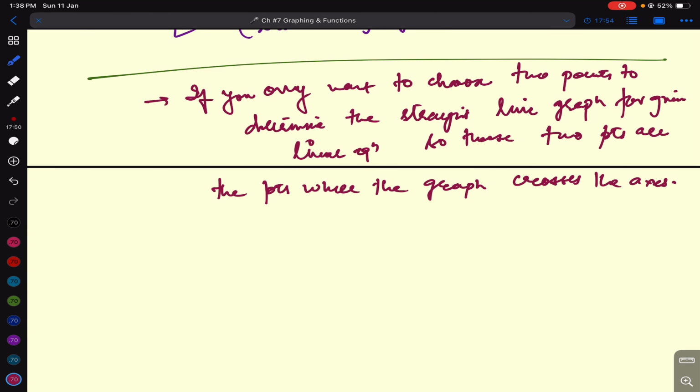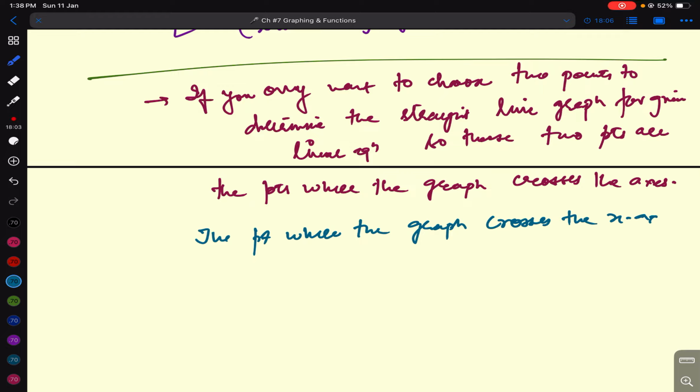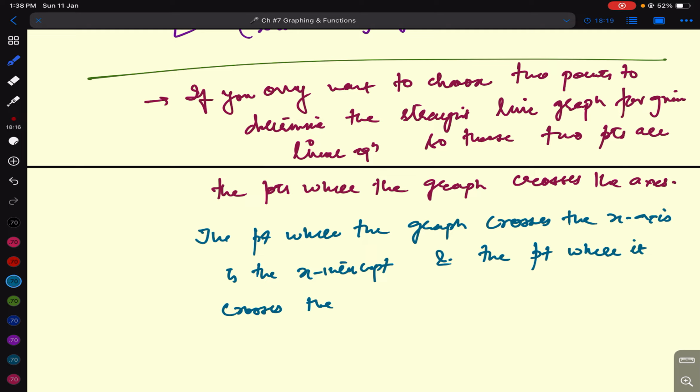The point where the graph crosses the x-axis is the x-intercept, and the point where it crosses the y-axis is your y-intercept.